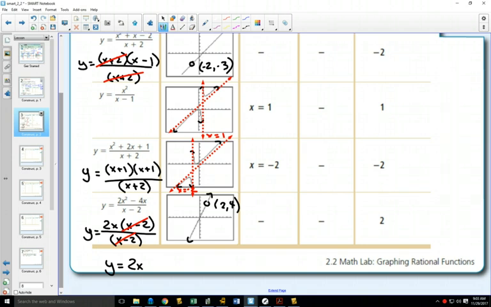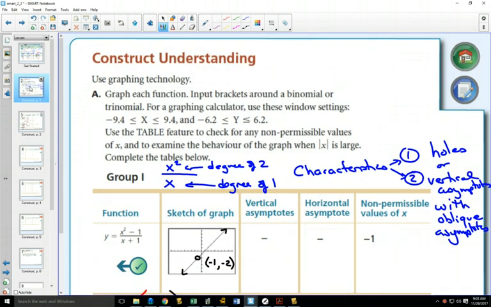If I want to figure out where the hole is, my non-permissible value is 2. If I plug in 2 for x, I would get the point 2, 4. And so that's the coordinate of my hole. This is pattern number 1. These are the things that happen when you have a parabola divided by a line.